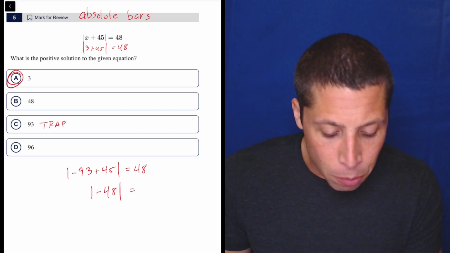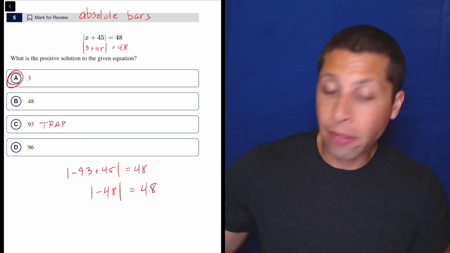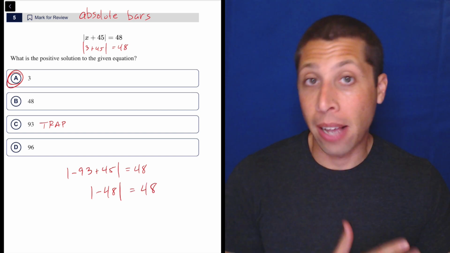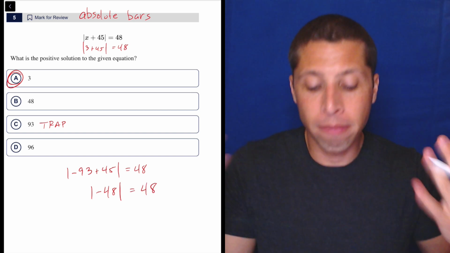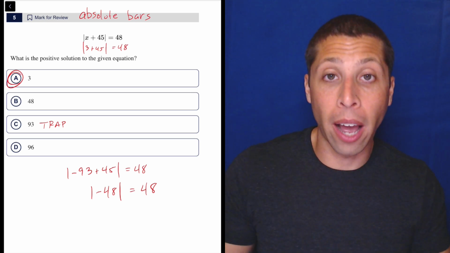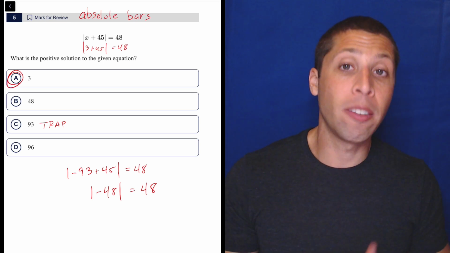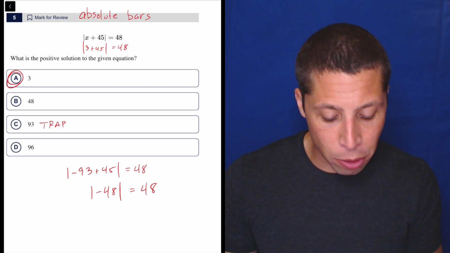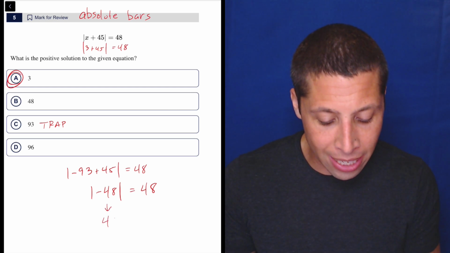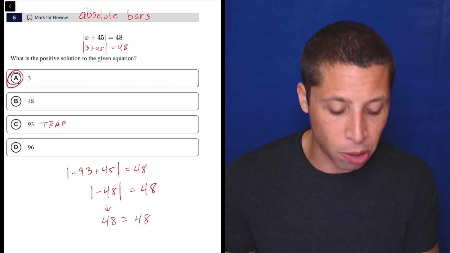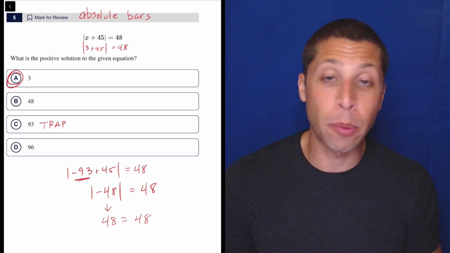The absolute value bars are going to take whatever's inside of them and make them positive. So if a positive number is inside, it stays positive. That's what just happened when we got answer A here. But if a negative number is inside, then that negative becomes a positive. So these absolute value bars turn this negative 48 into a positive 48. So there's my proof that negative 93 was an answer.